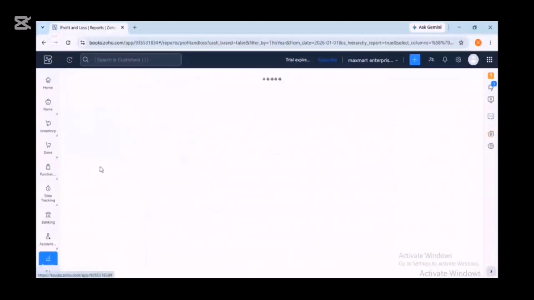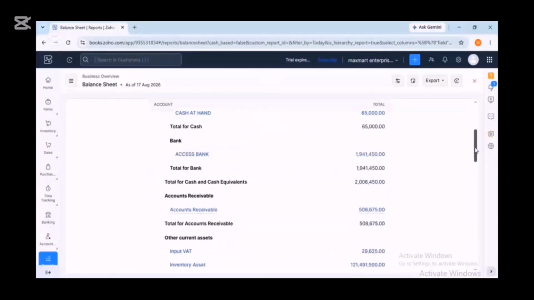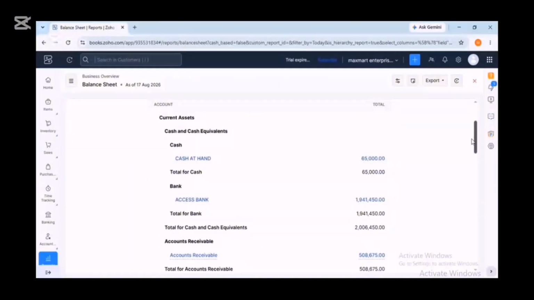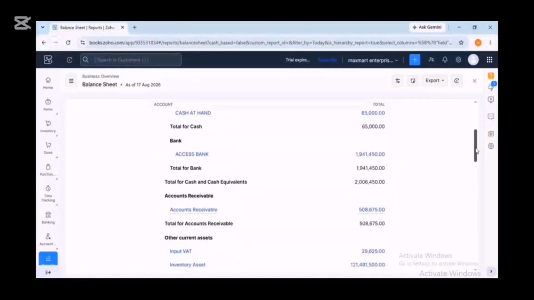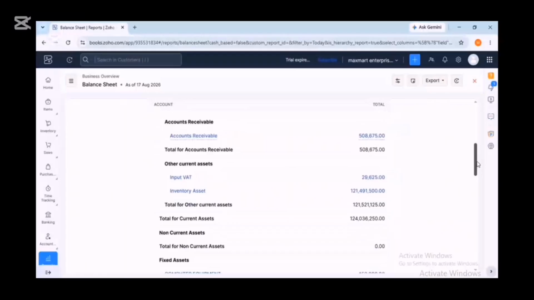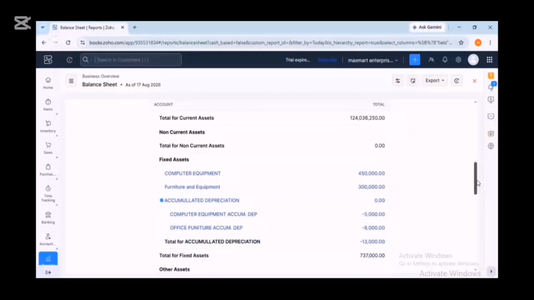Alright, now let's check out the balance sheet. Right, so let's see what we have in our statement of financial position. So at this period, these are what our balance sheet or statement of financial position has.